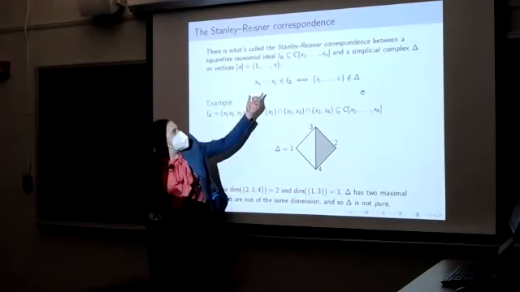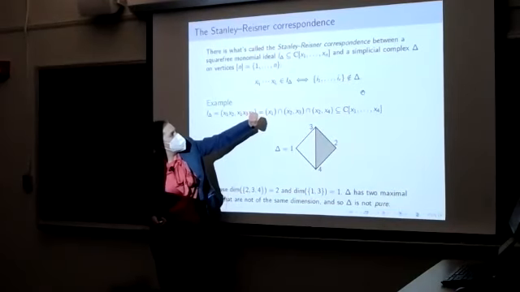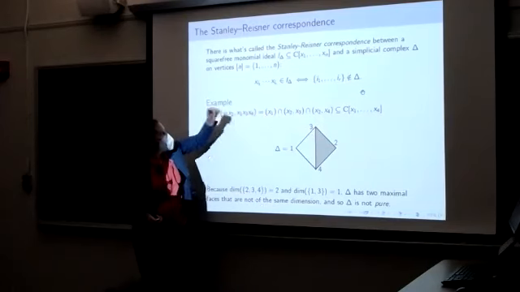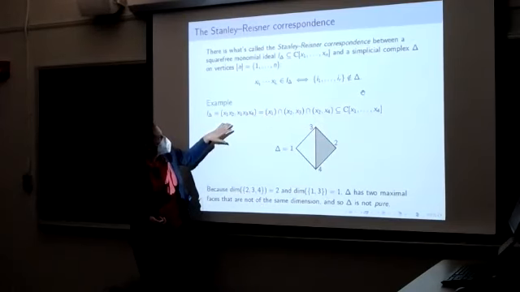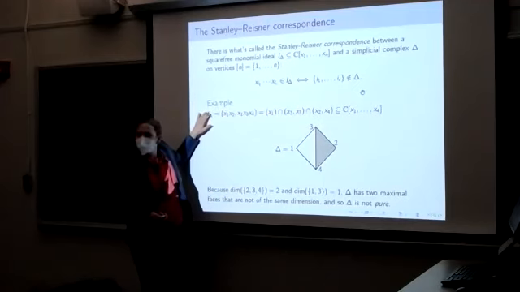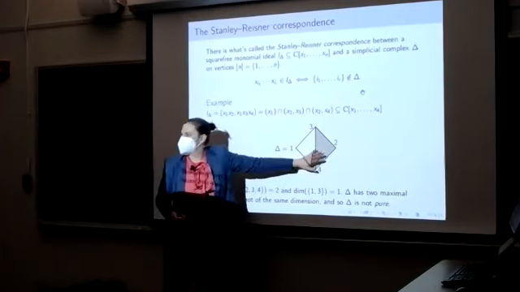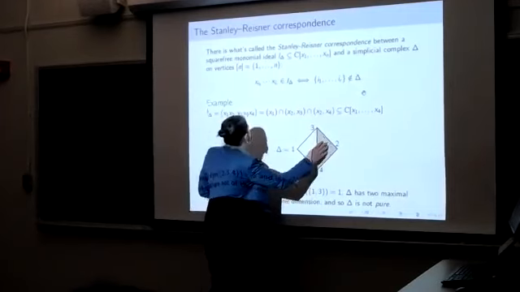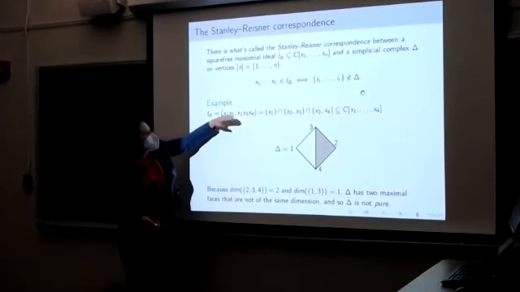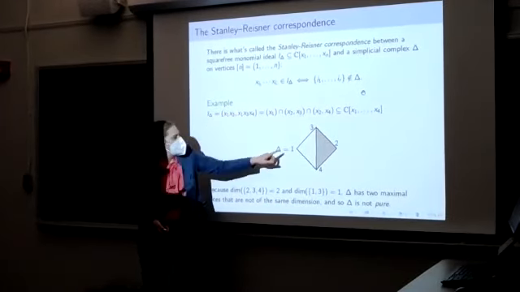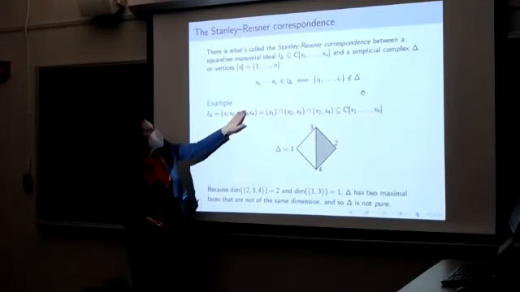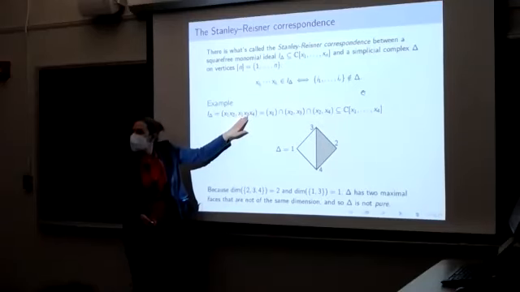So there's this correspondence between square-free monomial ideals and simplicial complexes that works by this reverse sort of argument, where a monomial is in my ideal if it is not a face of my simplicial complex. So for example, 2, 3, 4 is a face of my simplicial complex, and it is not in this ideal. 1, 3, 4 is not a face of my simplicial complex, and here it is in my ideal.